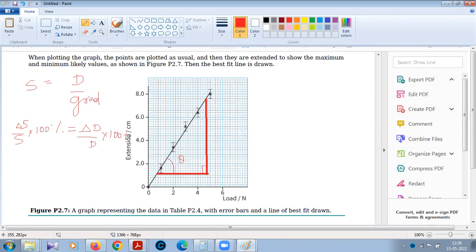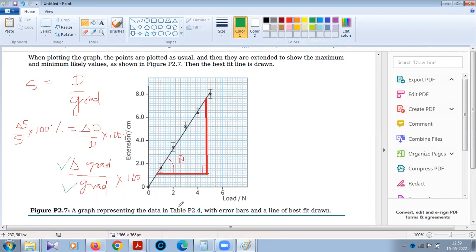plus delta gradient, the uncertainty in the gradient, upon the gradient, multiplied by 100. The uncertainty in the gradient we have already found by finding the slope of the best fit and the worst fit and subtracting them. The gradient we know for the best fit.